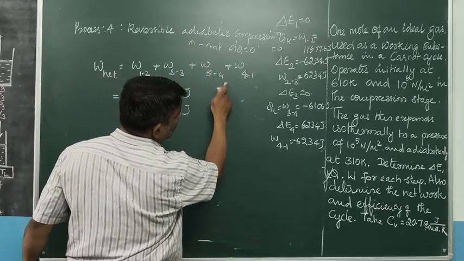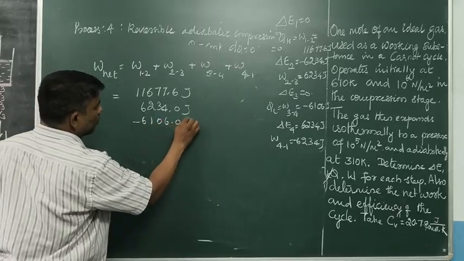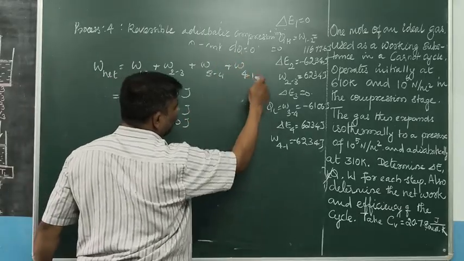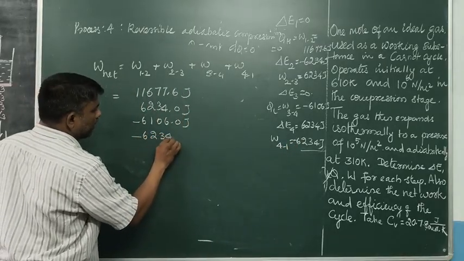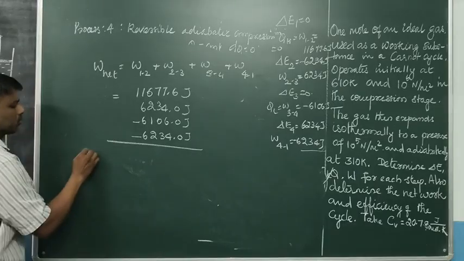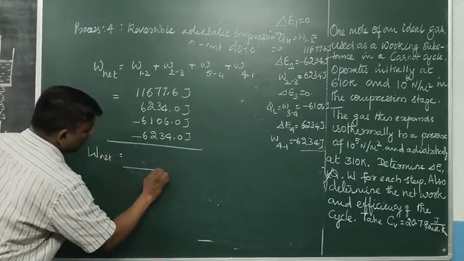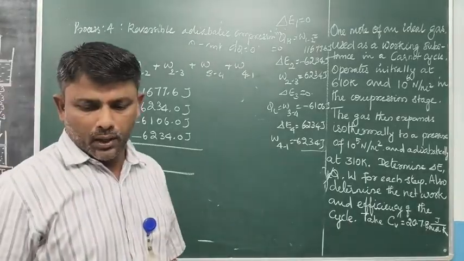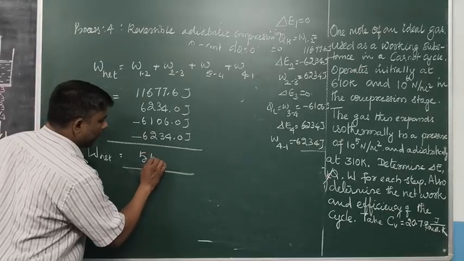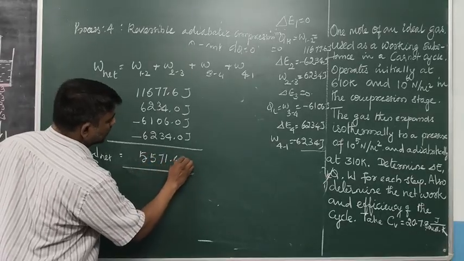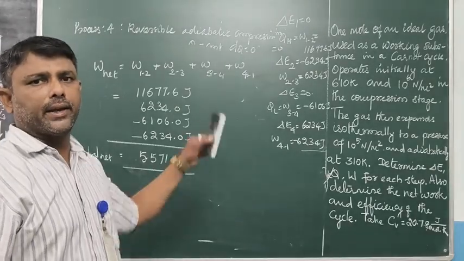W324 is equal to minus 6,106.0 joules. W421 is equal to minus 6,234.3 joules. So the work net is equal to 5,571.6 joule. This is the net amount of work done by the system in a Carnot cycle.